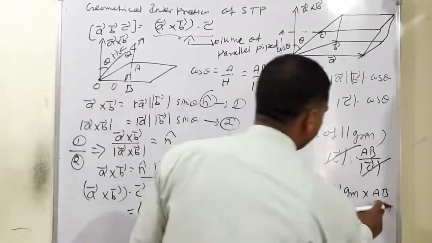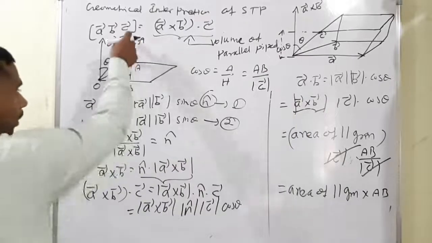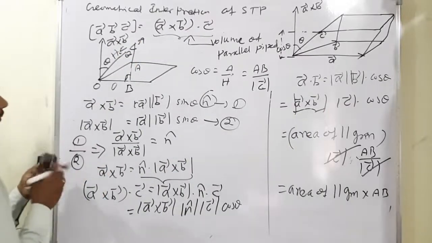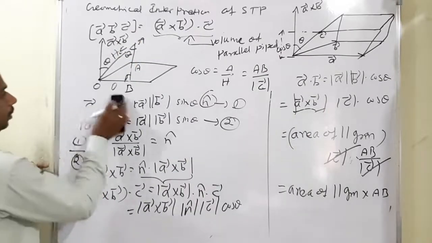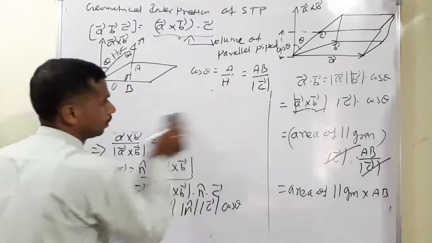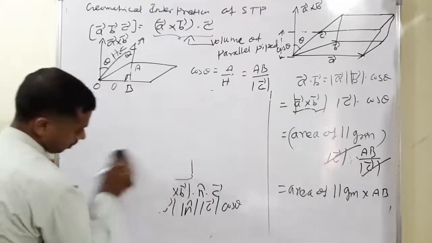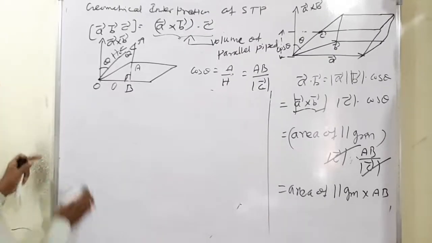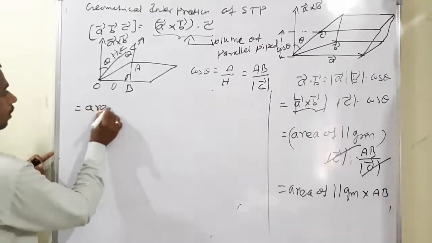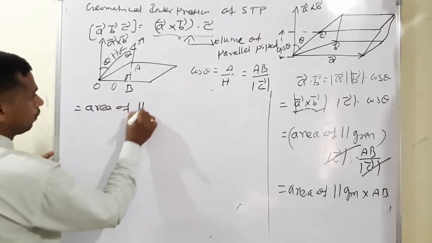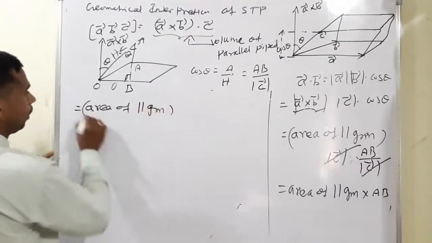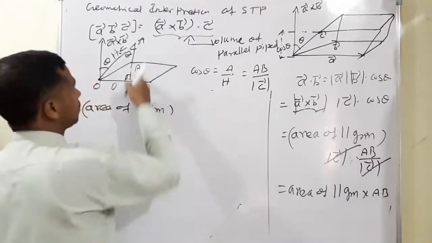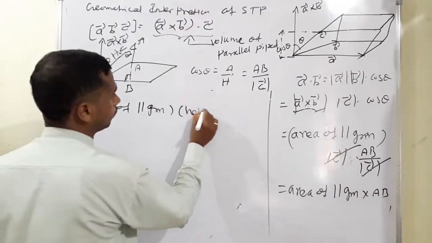Already we know what AB means: the height of the parallelogram. Therefore, the area of the parallelogram into AB means the height of the parallelogram.